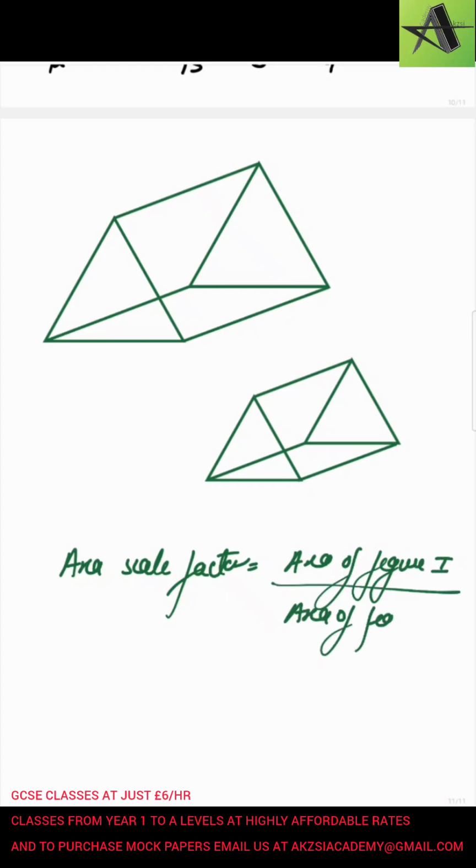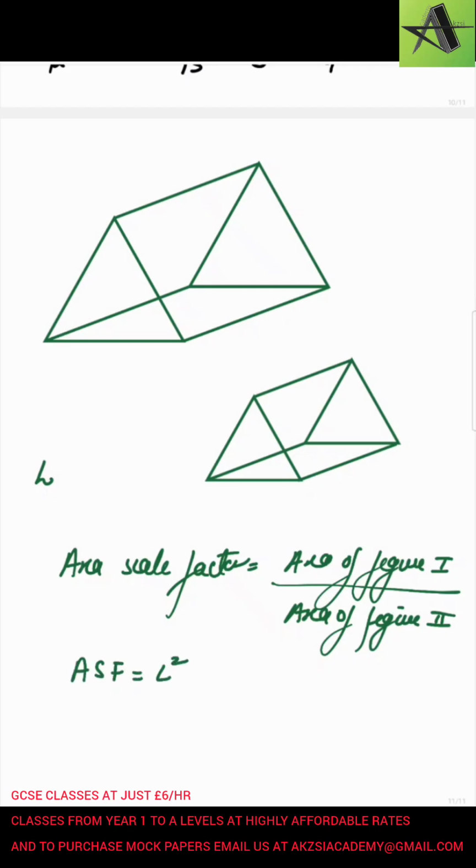So basically the area scale factor is the ratio of areas of two corresponding figures, just like the length scale factor is the ratio of corresponding lengths of the figures. There is one more formula. Let's say L is the length scale factor. Then the area scale factor will be L squared.